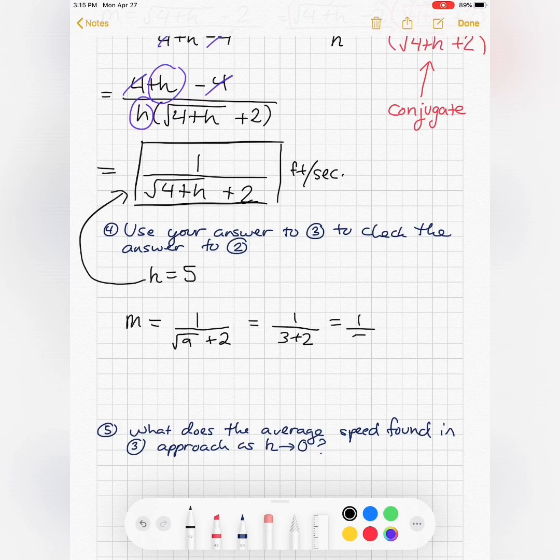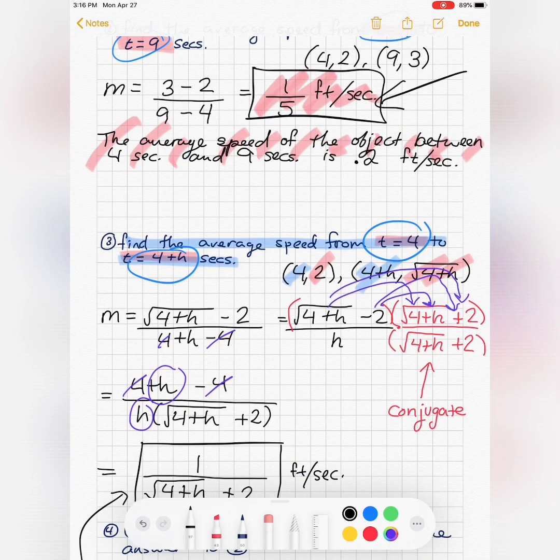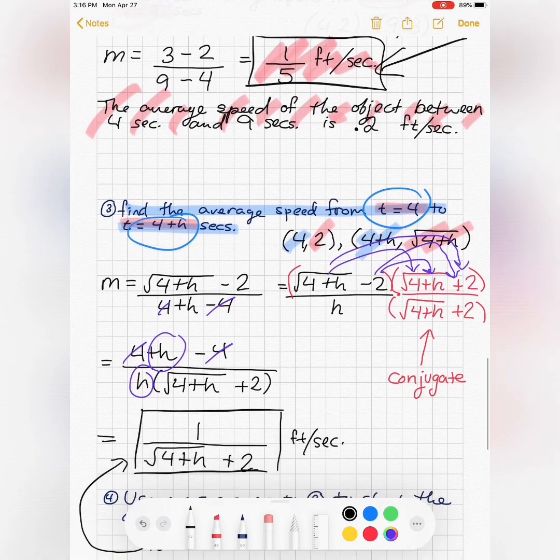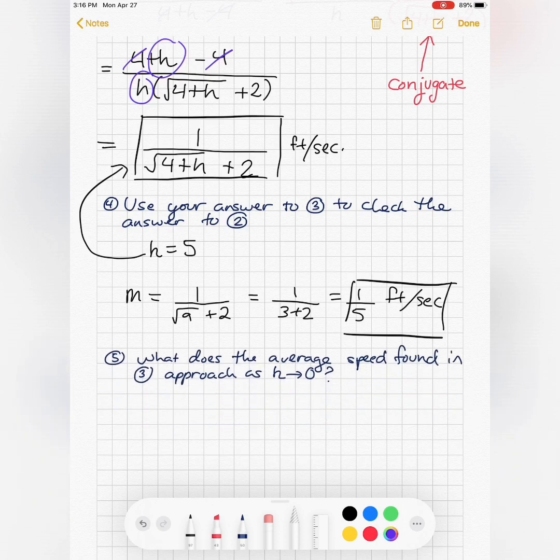Oh, look at that. I get 1/5 feet per second again, which let's see if that's what we got. Yes, indeed. So I was able to check that answer. Okay, so it looks like there's one more part.